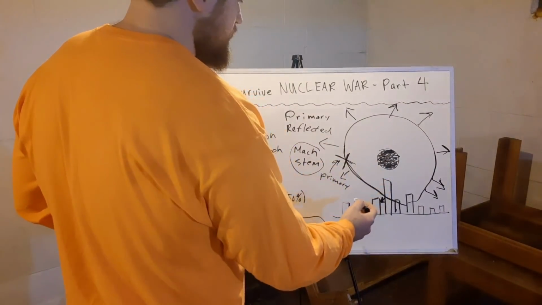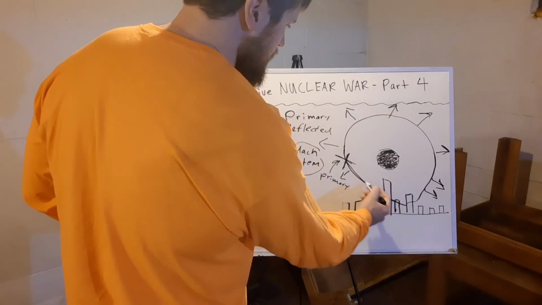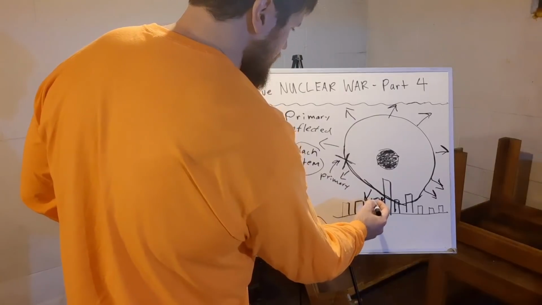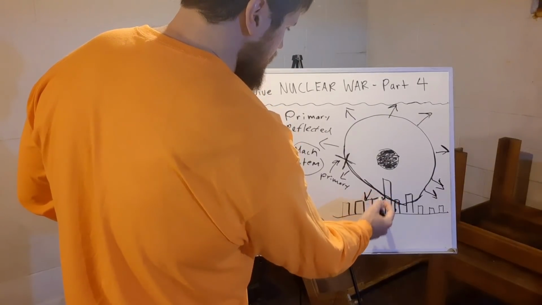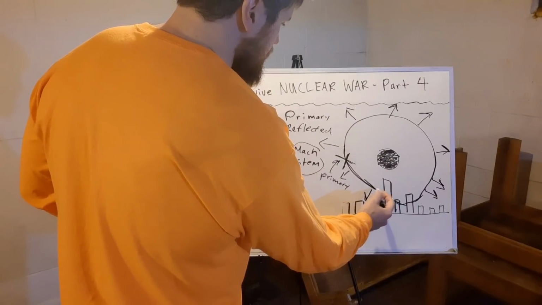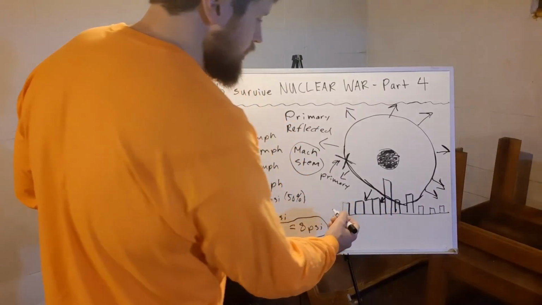So when this blast wave hits the ground, down here, you can see the blast wave getting close to the ground and moving down toward it. It's going to create another, secondary wave, because the blast wave is going to reflect off of the ground, kind of like a ricochet.